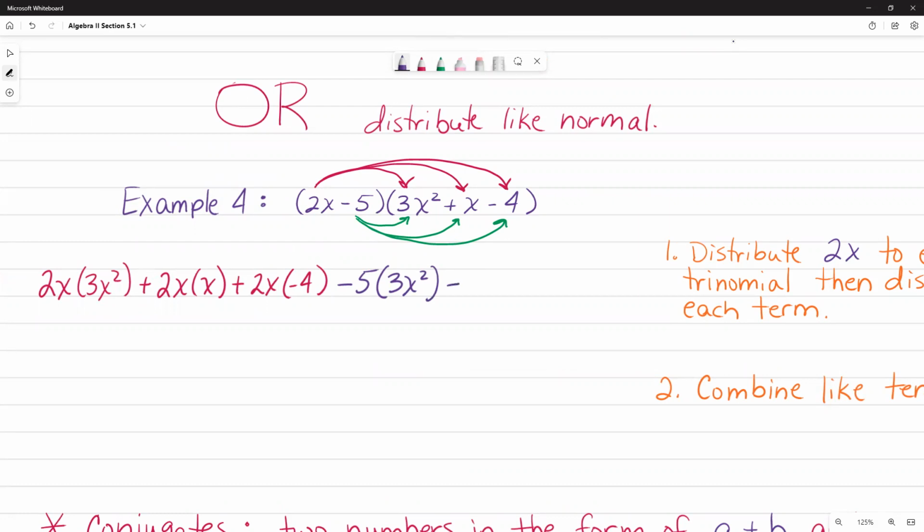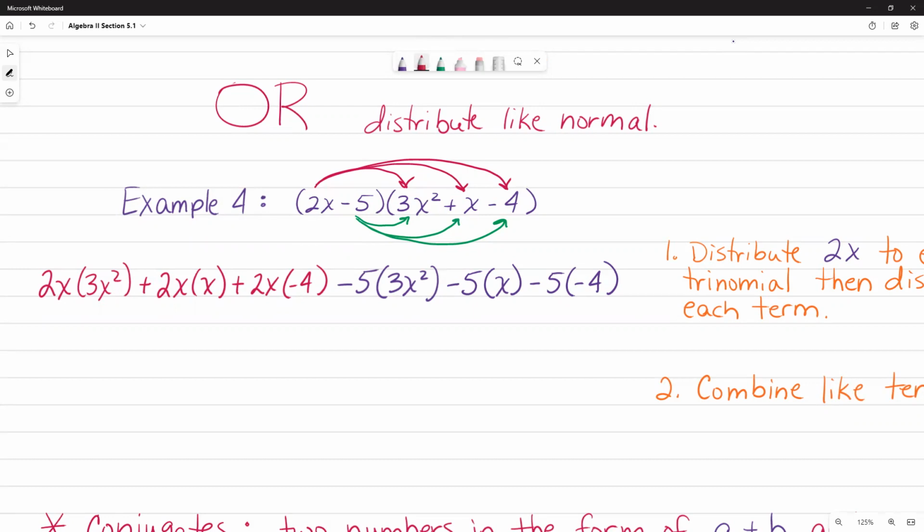I'm just going to keep my -5, -5 times x. And the last one is -5 times -4. All right, now we simplify and then combine like terms. We'll get to that in a second.